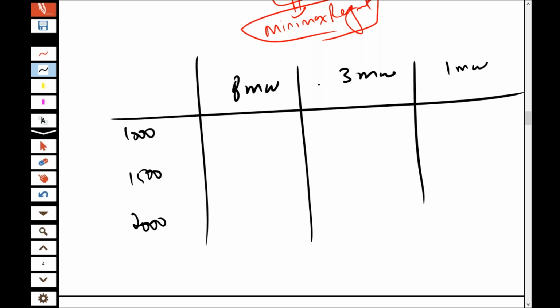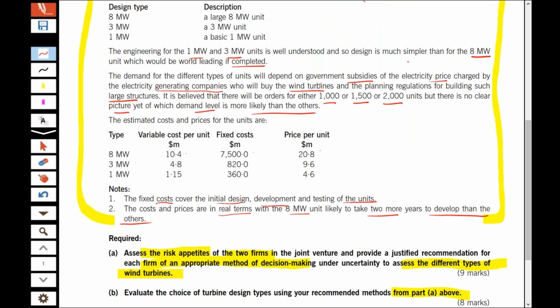Now, what's actually going to happen is, you would say that we need to establish the price. So how exactly is it going to happen is, with respect to 8 megawatt, the contribution per unit is 10.4. The contribution per unit is 4.8. And there's going to be 4.6 less 1.15.